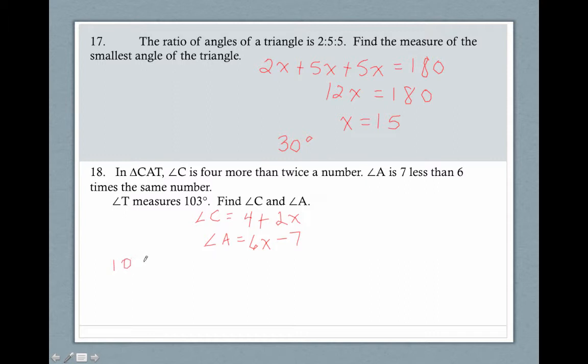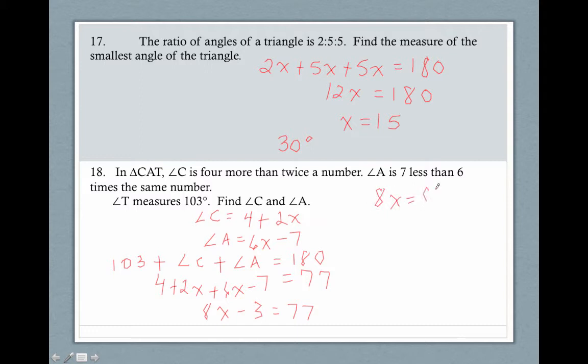So 103 plus angle C plus angle A equals 180. So subtracting 103 and substituting for these, over here I'll get 77. Over here I get 4 plus 2x plus 6x minus 7. So I get 8x minus 3 is 77. 8x is 80.